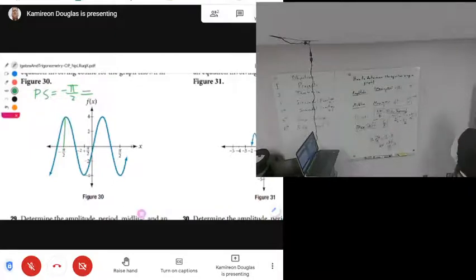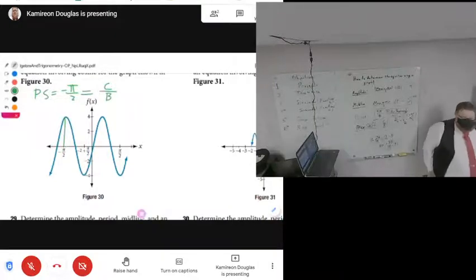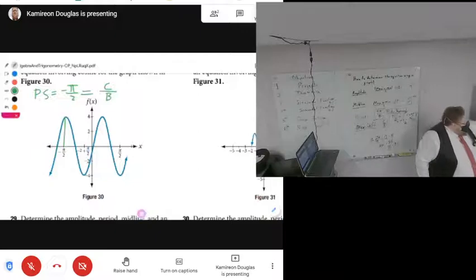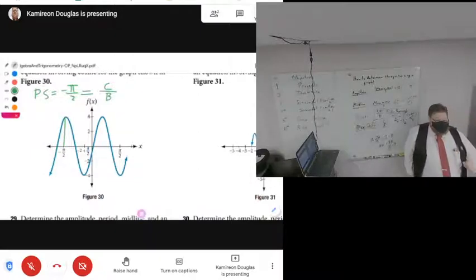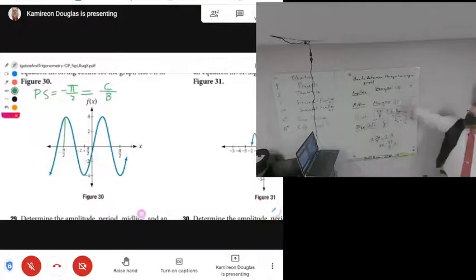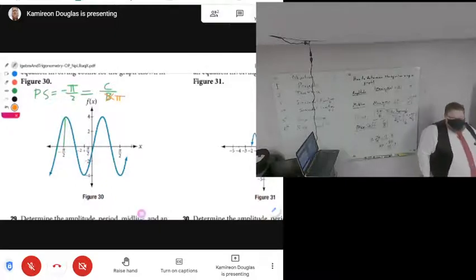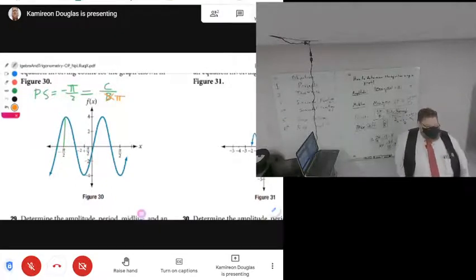So negative pi over 2 is equal to c over b. So I know something from the picture, and I know something from the formula that I'm going to have to solve. I already know what a is, I already know what d is, I already know what b is. So now what do I do? This b is pi. I work backwards, trying to solve for what c is.